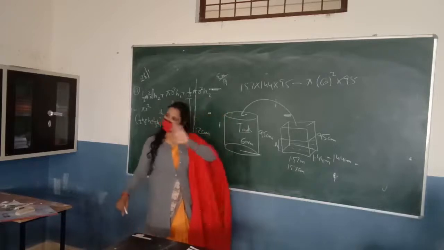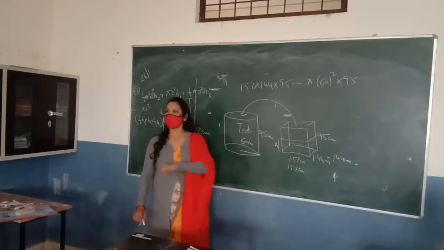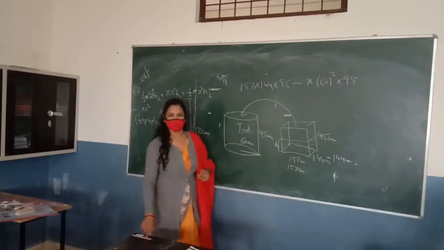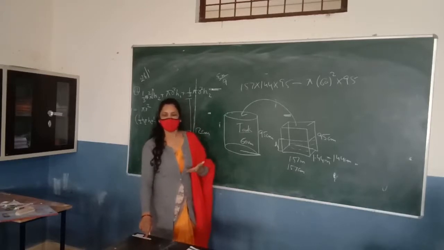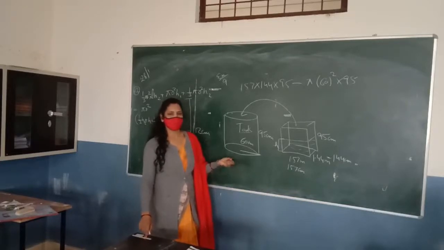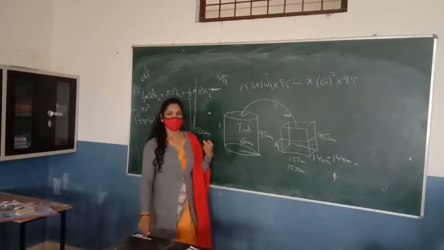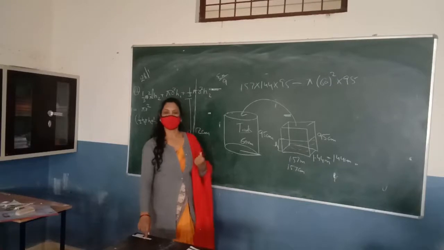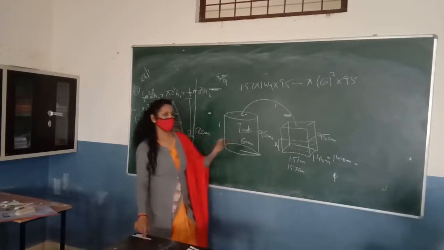हाँ सही बोल रहे हो. L into B. L into B, what L into B? L into B is the area. So what will you do with the L into B? What should be the formula of the height? Height of cuboid.